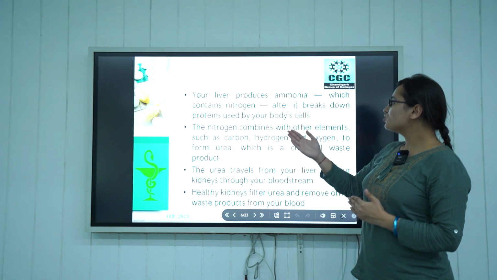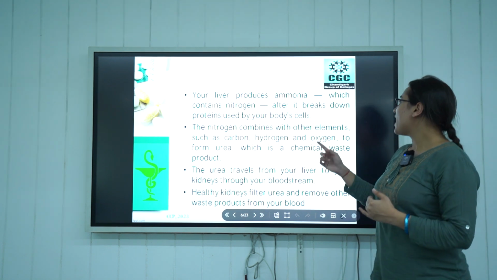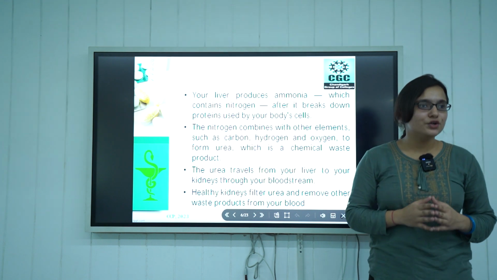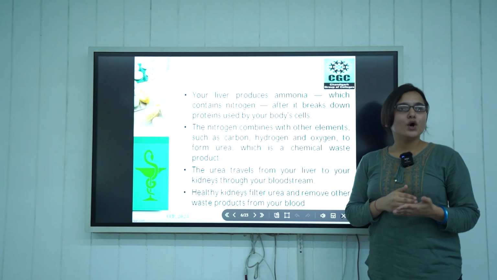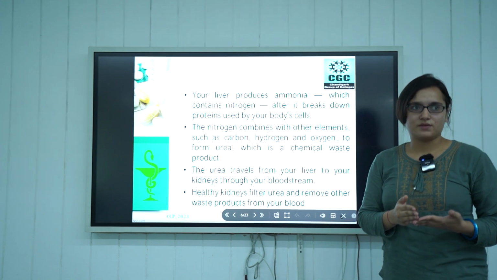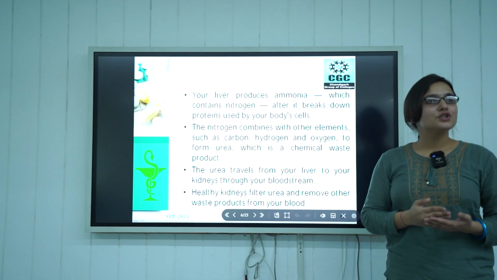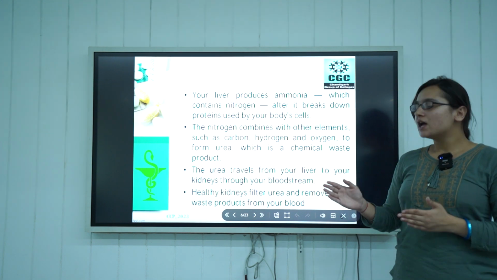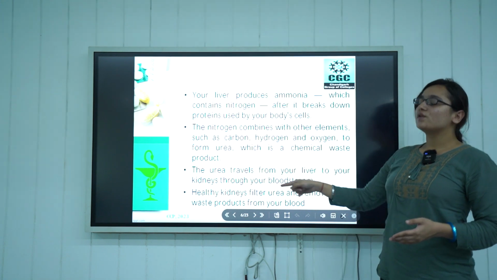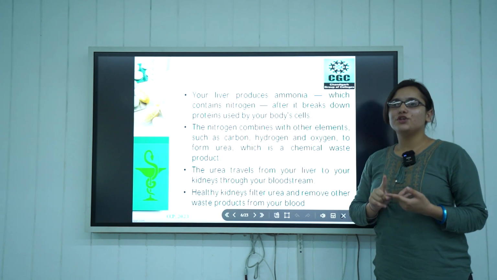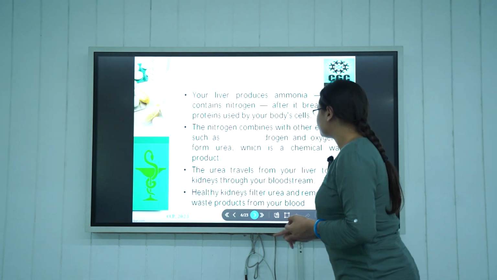After that, the nitrogen will combine with other elements like carbon, hydrogen and oxygen to form urea. Then urea will be transported from the liver to the kidney through our bloodstream, and the kidney will filter the waste products from your blood through urine. Got it? But in case of acute kidney injury, this process will result in the accumulation of urea and other nitrogenous substances.